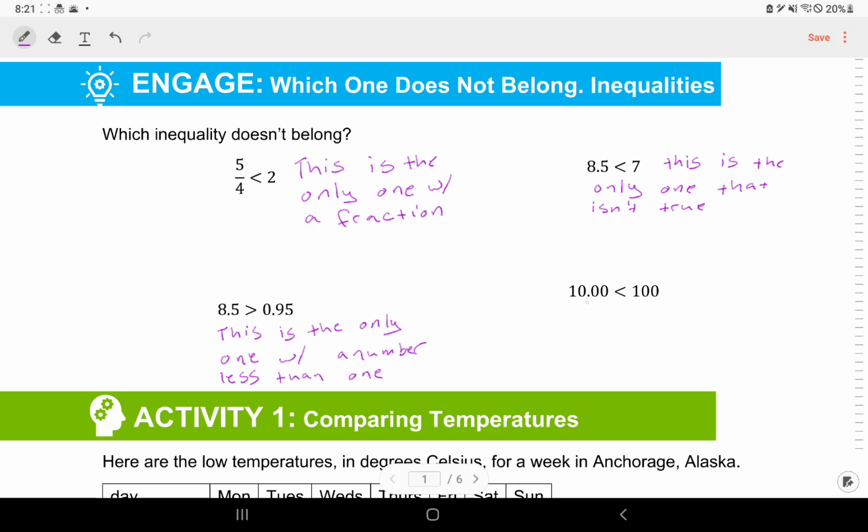And even though it has a decimal point, this is the only one with 2 whole numbers. That means width.